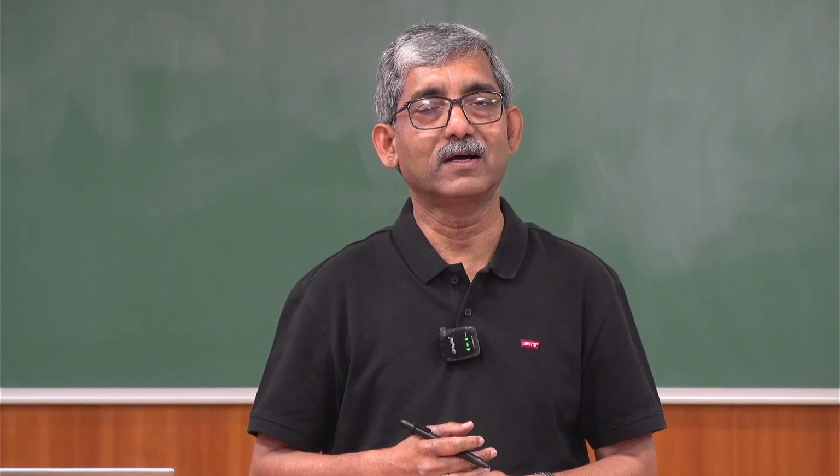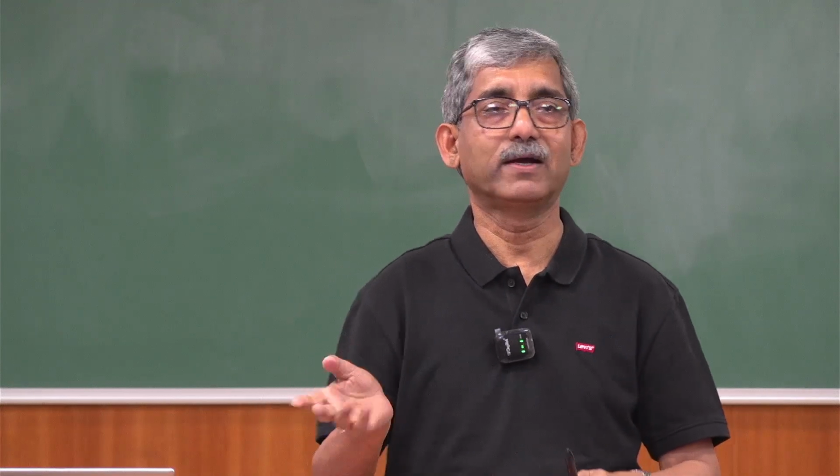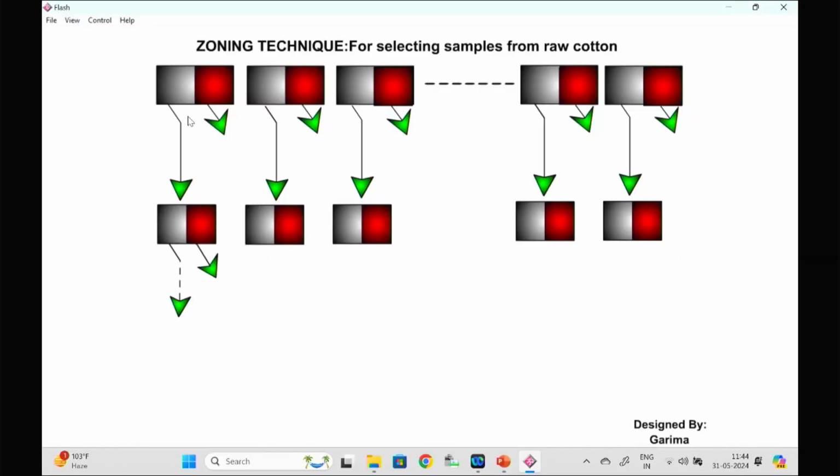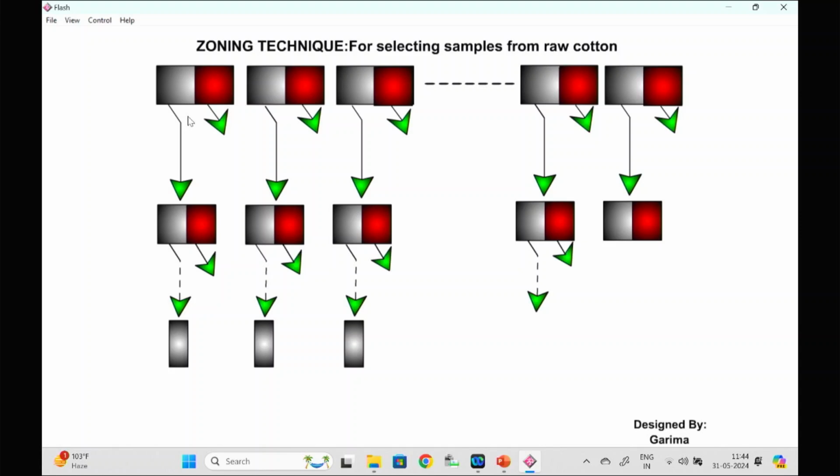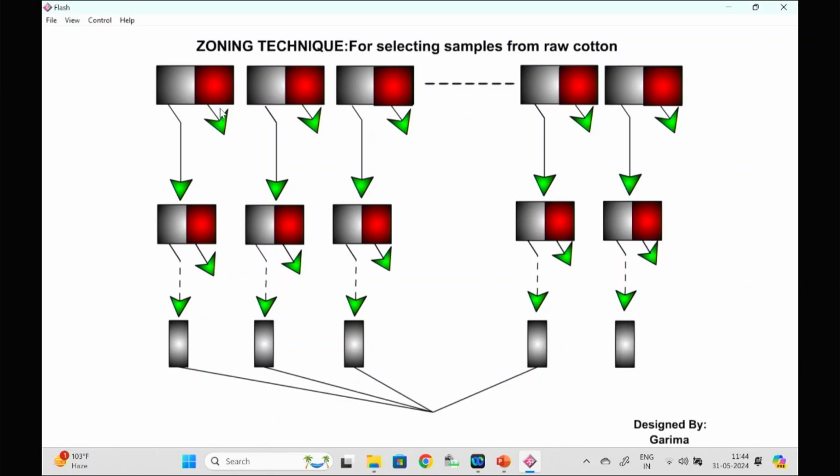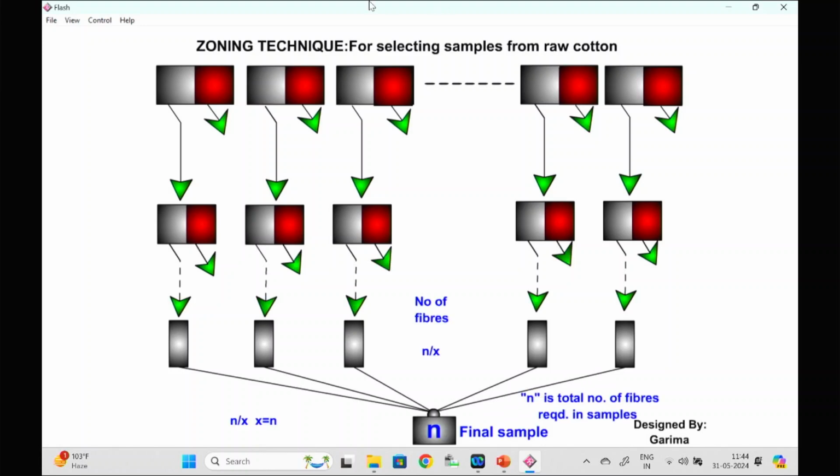Then again we divide into 2 parts and 1 part is discarded. This process continues till the required quantity of material is obtained, and we get our required number of samples.